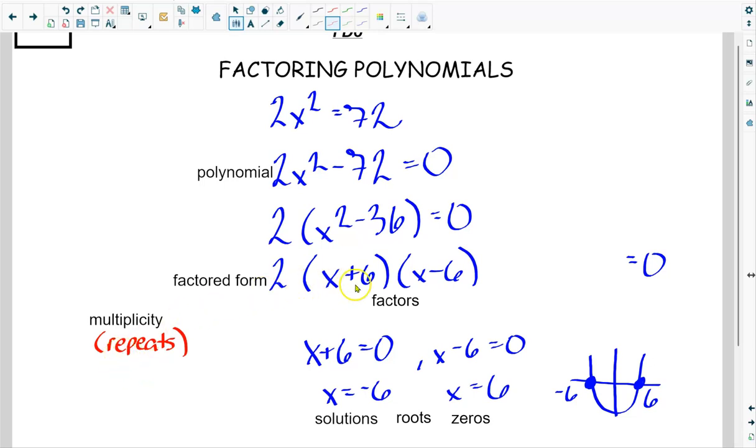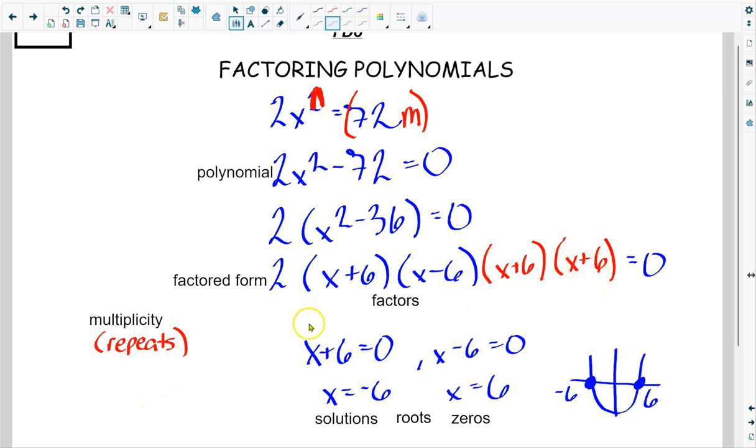Right now, I'm doing it in red because we're done. But to understand multiplicity, imagine that this wasn't a 2, let's say it was an n, and this was some other number. Imagine if I factored this problem, I had x plus 6, another one, and another one.